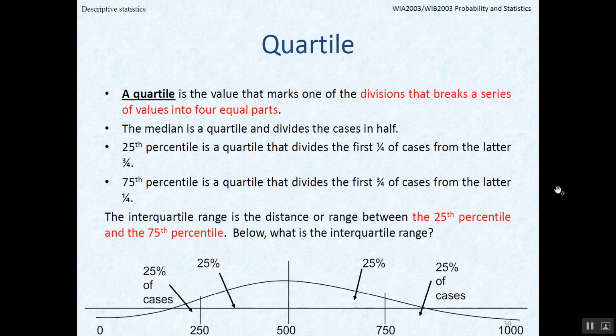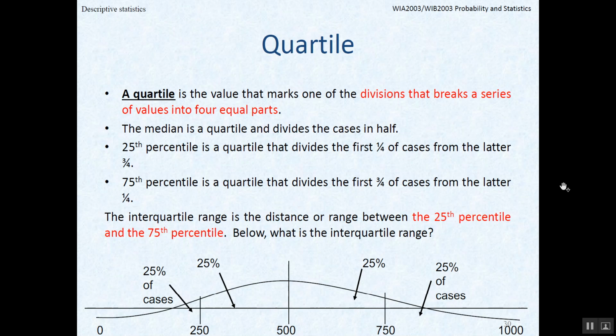Quartile is basically a division that breaks a series of values into four different parts. Usually it is a quarter, half, three-quarters, and full. That means the 25th percentile, 50th percentile, 75th percentile, and also the 100th, which is full.